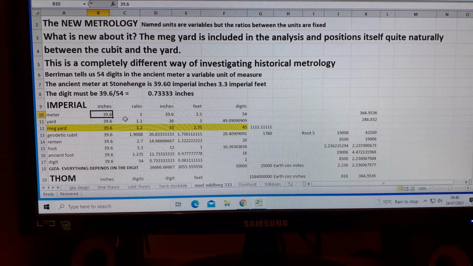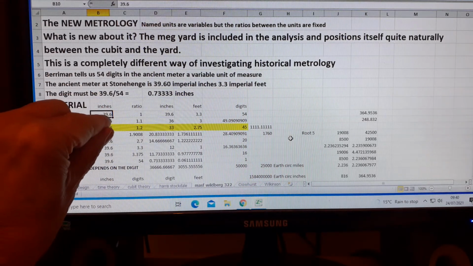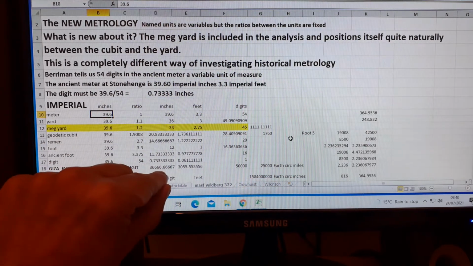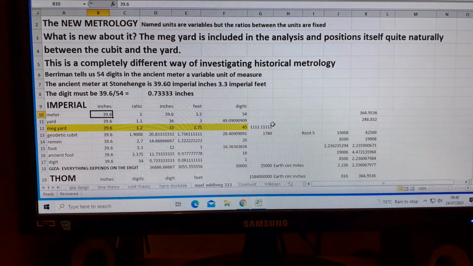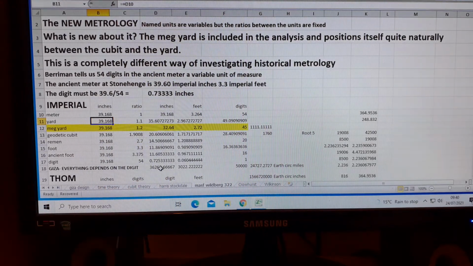So we know that the base 100 meter, which is 39.6 inches, is giving us 366, this Vyse base. And what happens when we put in the megalithic yard meter? It's an exactly 400 inch difference.